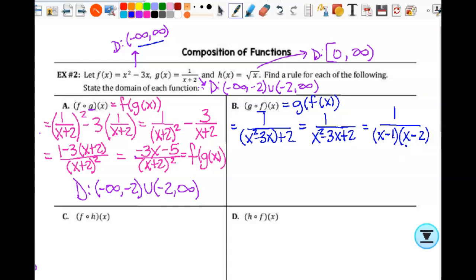So this domain here is going to be, what can x not be here? 1 and 2. So negative infinity to what? 1, and then 1 to 2, and then 2 to infinity, okay? So my domain is the domain of f, which is all real numbers, such that the outputs live in g, which they do, but then we also have to take into account what's happening here. Okay? What questions do you have?